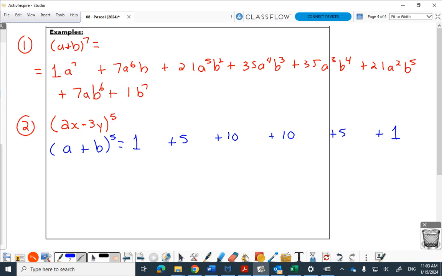When they do the terms individually, they go, if it's (a + b)^5, I start with a^5. Every term after that, the a power goes down by 1, and the b power comes up by 1. So I get a^4 b, a^3 b^2, a^2 b^3, a b^4, and b^5.